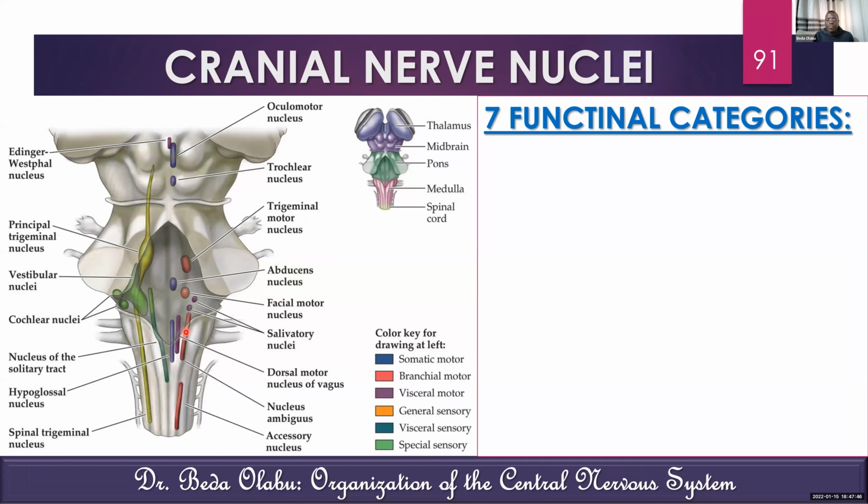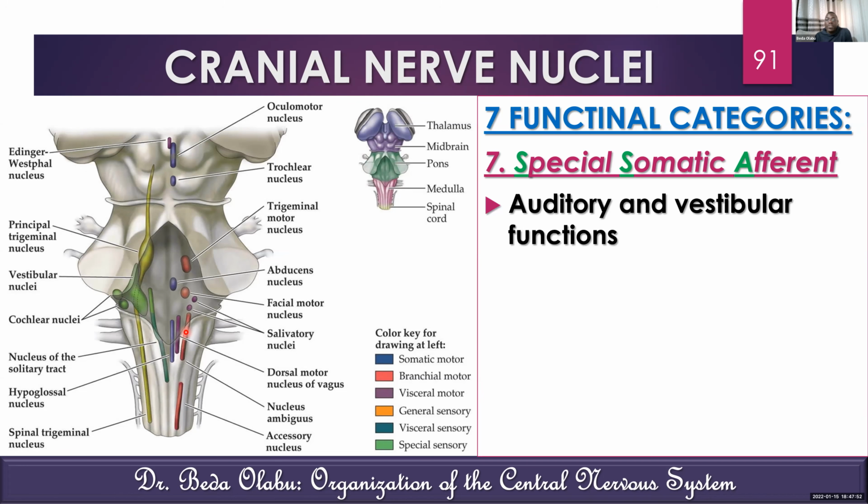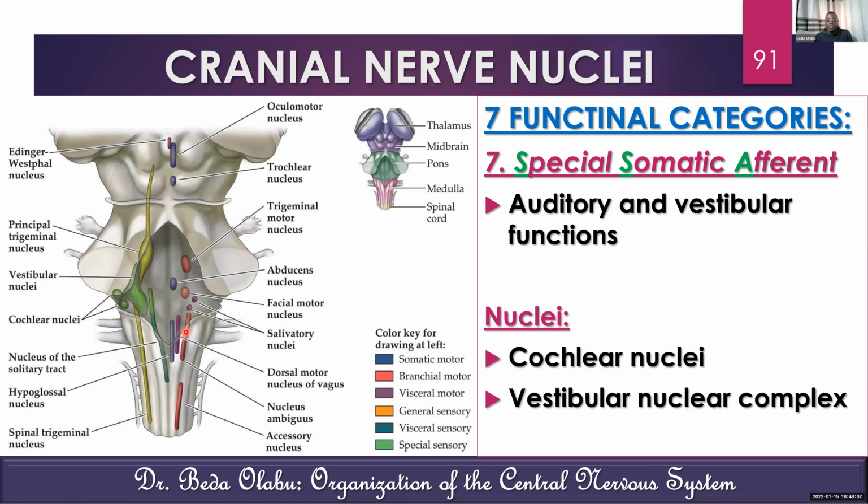The last one, special somatic afferent. Special somatic afferent refers to auditory and vestibular functions. The nuclei will therefore be the cochlear nuclei related to cochlear pathway and vestibular nuclear complex. The vestibular nuclei are multiple, so we talk of the vestibular nuclear complex.